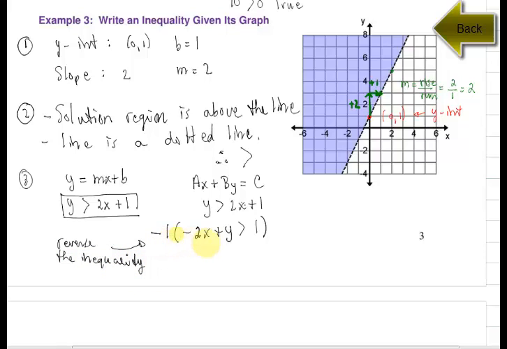Okay, so negative 1 times negative 2x is 2x. Negative 1 times y is negative y. Switch my inequality from greater than to less than. And negative 1 times 1 is negative 1. And so here is my equation in standard form. Okay, so this concludes example number 3.